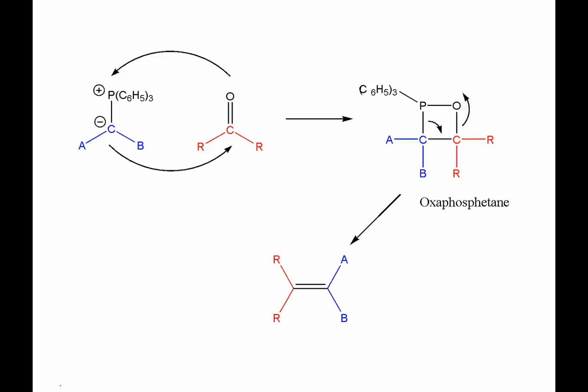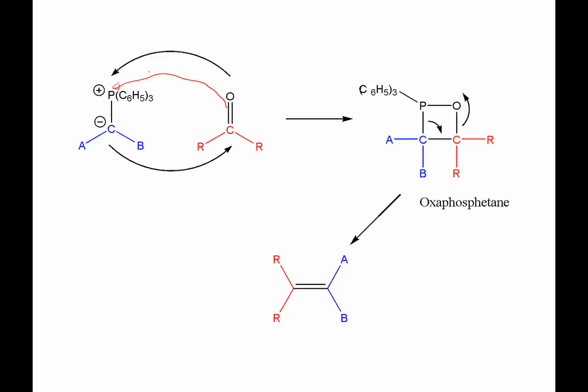So how does that happen? This is not a mechanism I would ask you to reproduce, but I'm just showing it to you. We have the ylide reacting with the carbonyl. The negative charge on the carbon is going to be used to make a carbon-carbon bond. The pair of electrons on the oxygen is then going to react with the phosphorus.